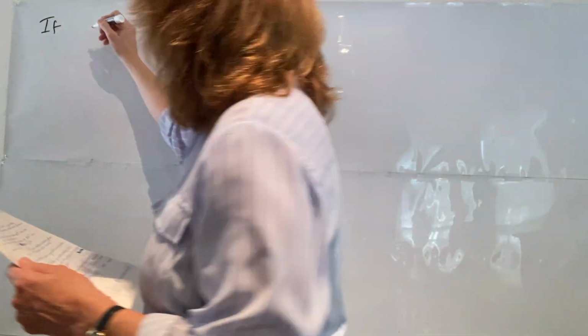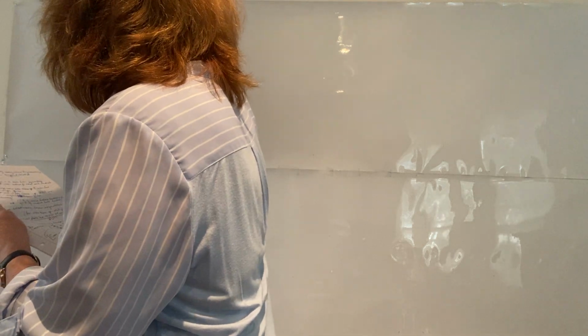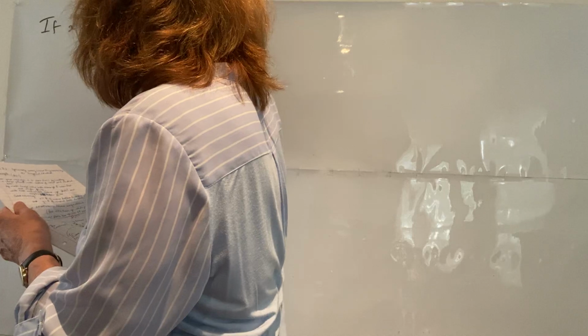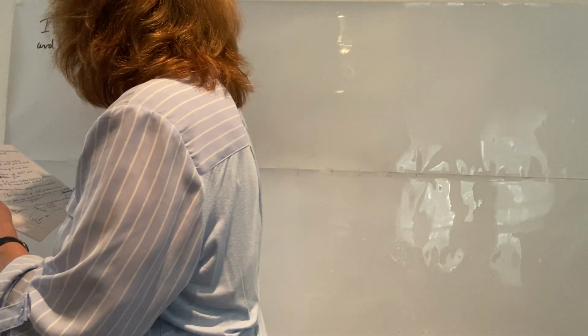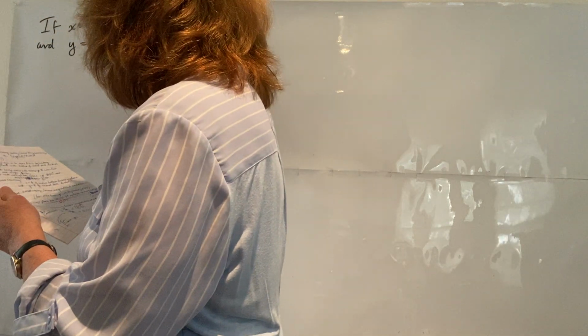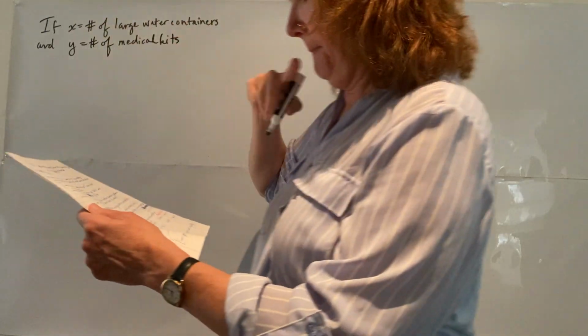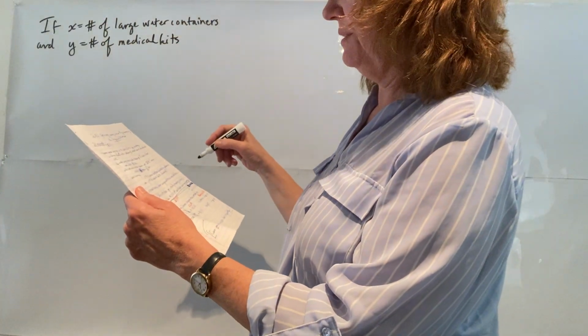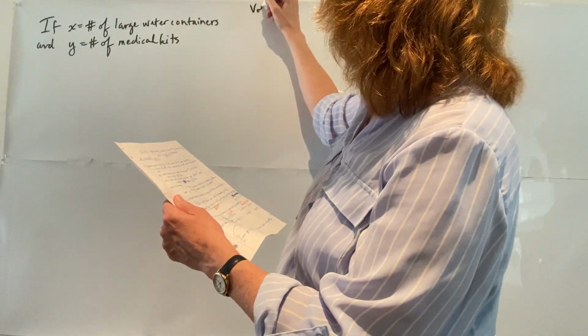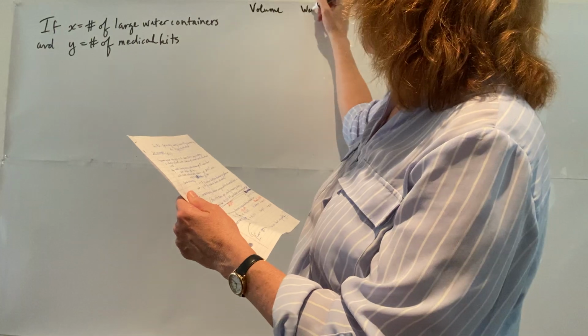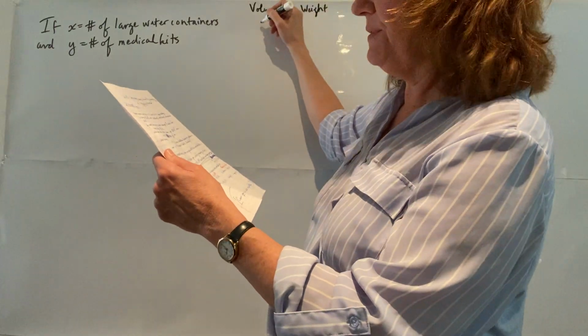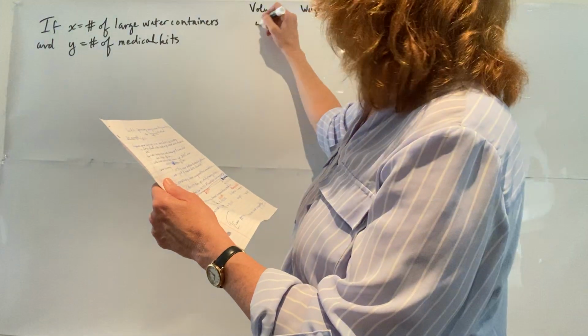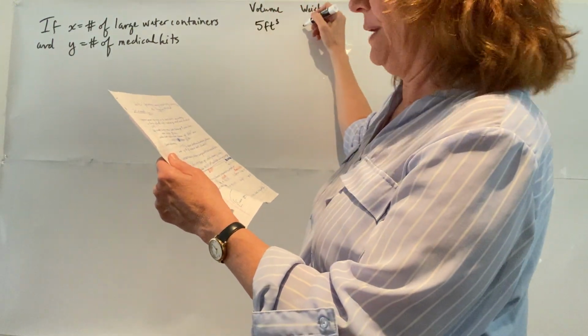So if X is equal to the number of large water containers, and Y is equal to the number of medical kits, let's see, if we're talking about volume constraints versus weight constraints on these, the volume of the large water containers was 5 cubic feet, and the weight was 20 pounds.